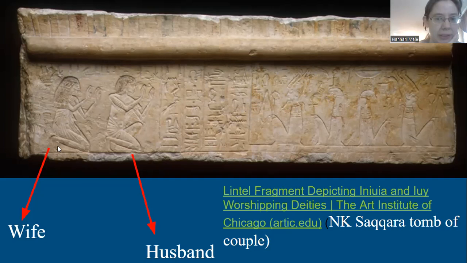We see the wife here, and then we see the husband, and they are offering or giving worship to different deities, which are here. And it gives their names here: Iuna and Iue.